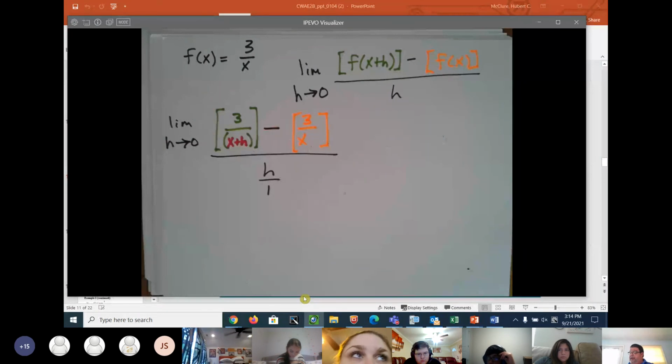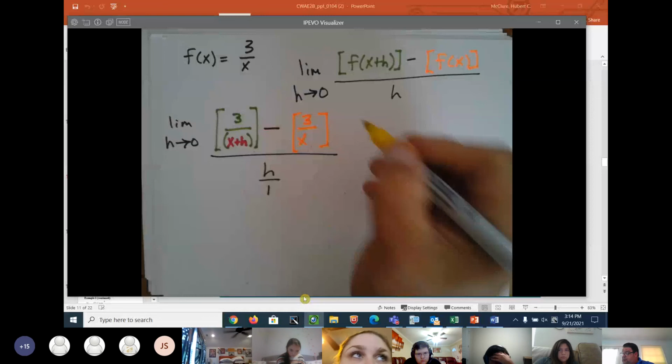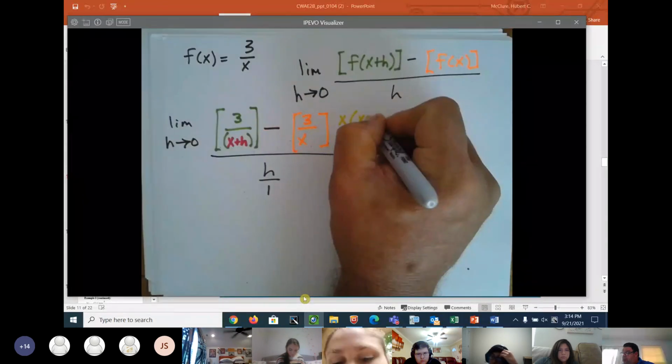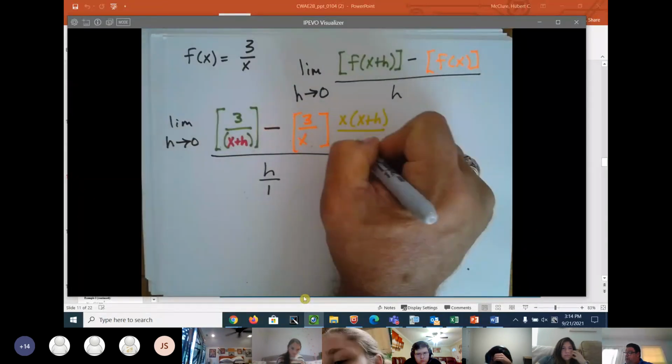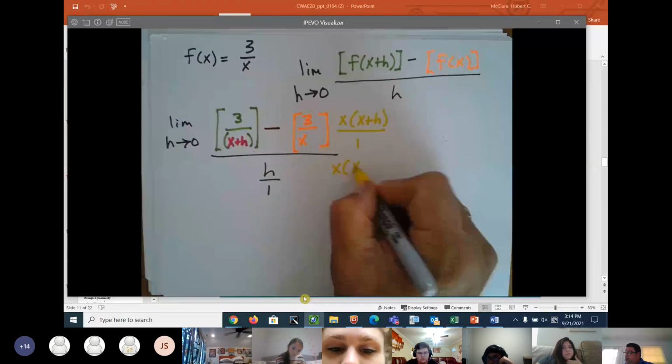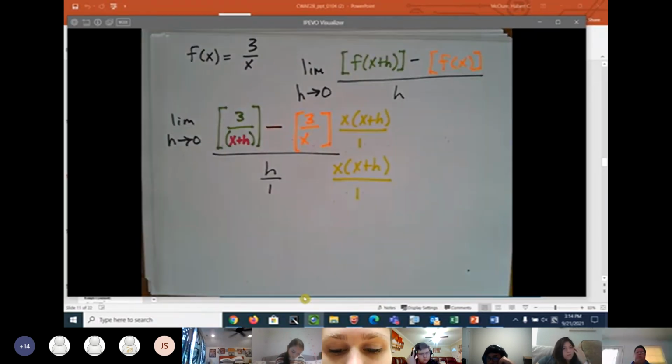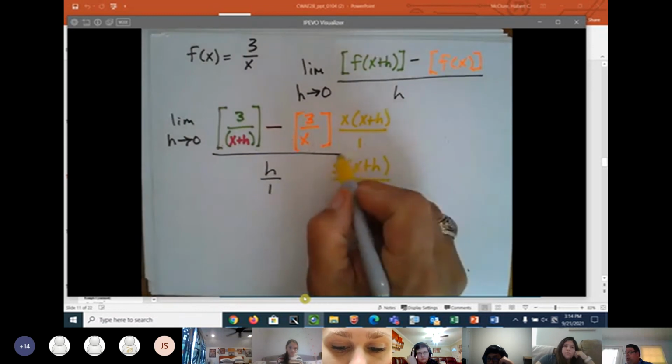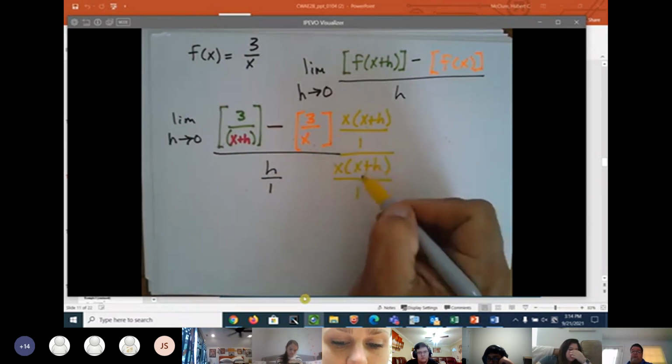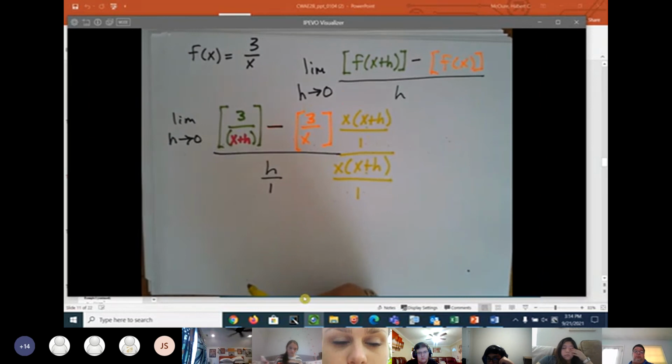The common denominator of x, x plus h, and 1 is x times x plus h over 1. Technically, I'm multiplying by something over itself, which is 1, so I'm not really doing anything.